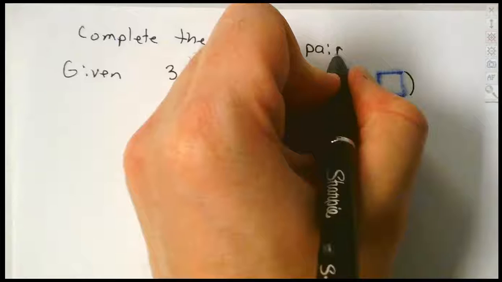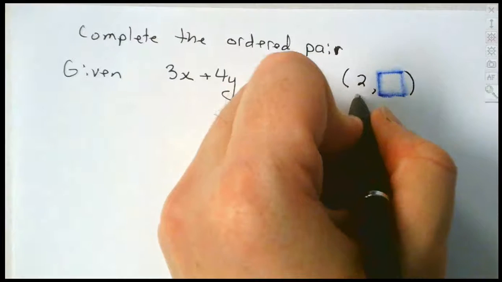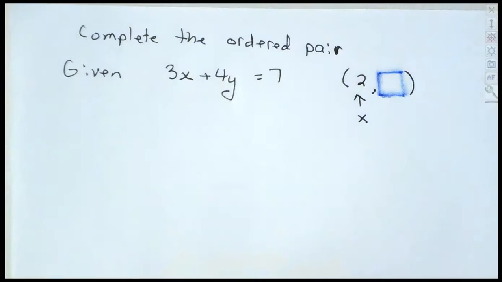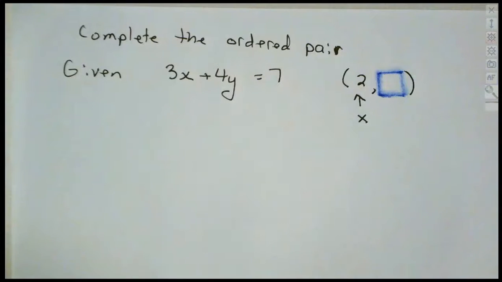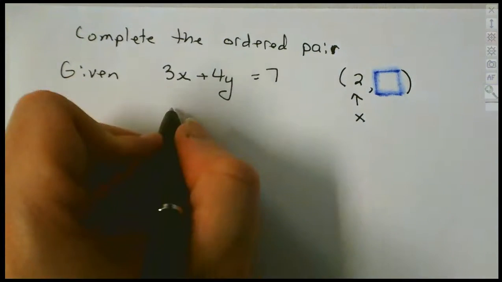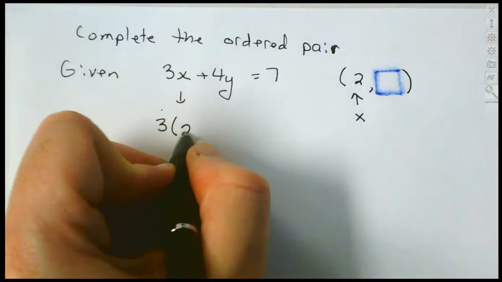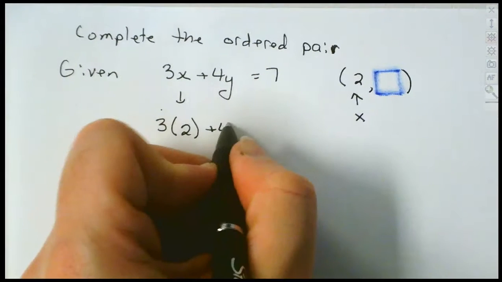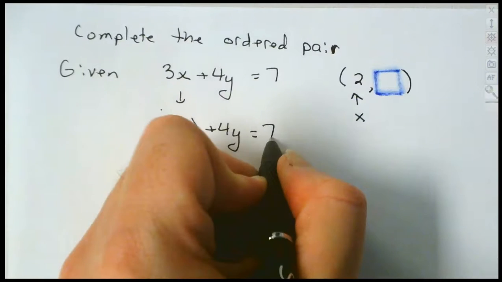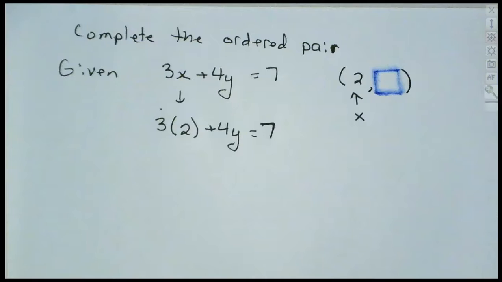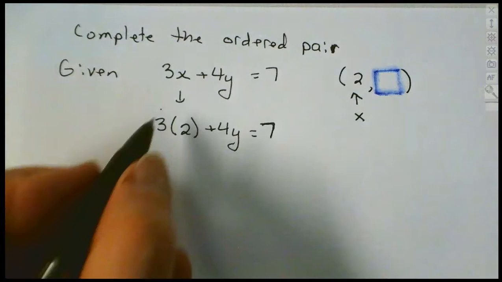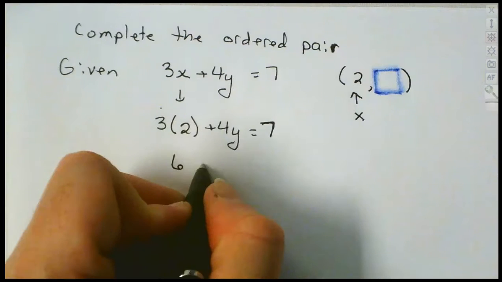Well, what do we know? We know this 2, that's going to be your x value. So we're going to go ahead and plug our 2 in for x here. So we plugged our 2 in for x. And now we know 3 times 2 gives you a 6.